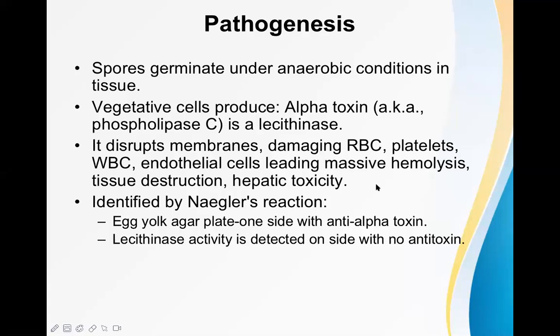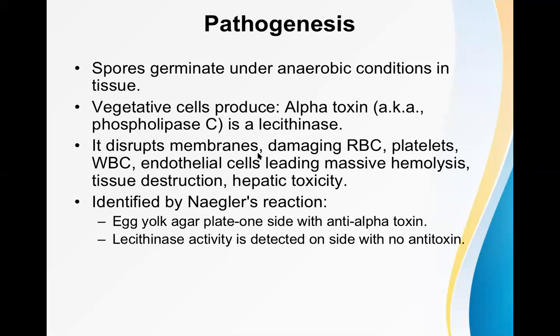Okay, now let's move on. So these vegetative cells, after that, they produce those toxins. Alpha toxin is the most important one. So many times I've repeated. There is hemolysin also, and there are some other types of toxin as well, and that toxin disrupts different cell membranes. Lecithin is a part of phospholipid, and we all know phospholipids are present in all cell membranes.